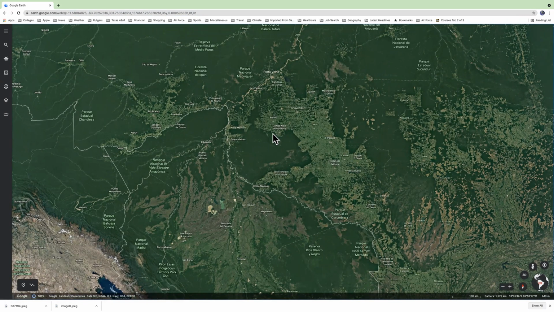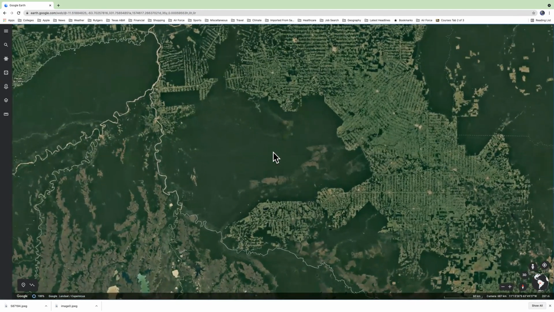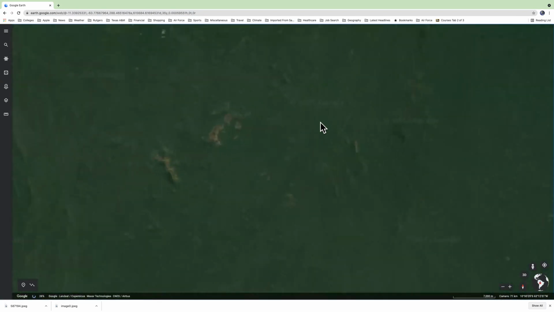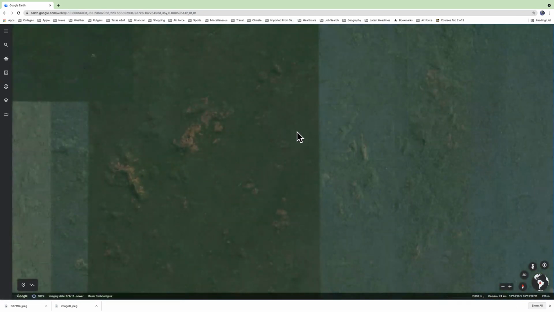And this is sort of the poster child for deforestation. So if you zoom in, you see that the tropical rainforest should look like this: deep, dark green. This is untouched land.